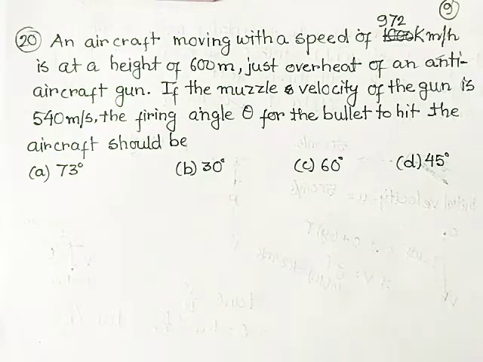An aircraft moving with the speed 972 km per hour is at a height of 600 meters just overhead of an anti-aircraft gun. If the muzzle speed of the gun is 540 meters per second, then the firing angle theta for the bullet to hit the aircraft should be?